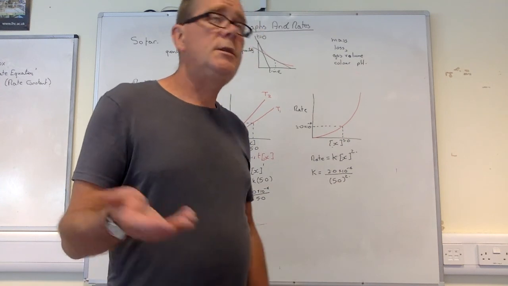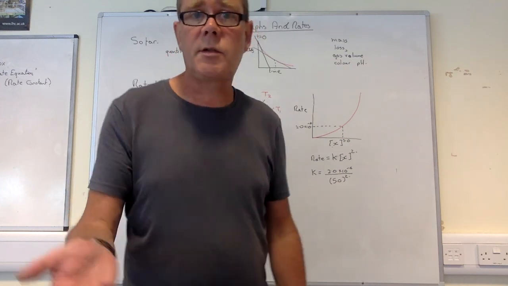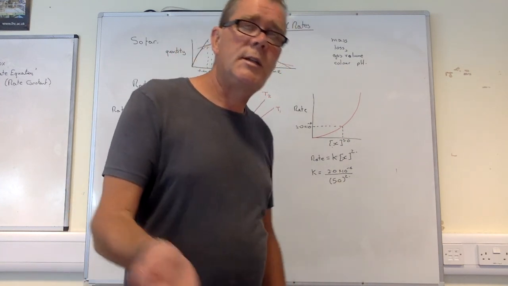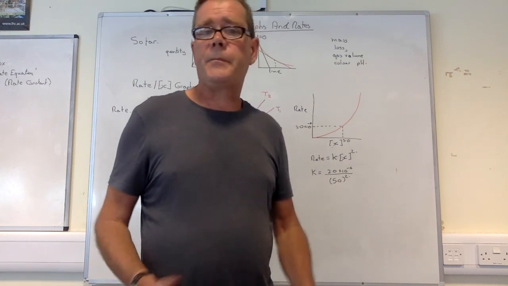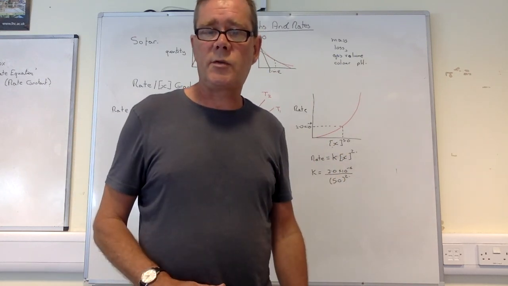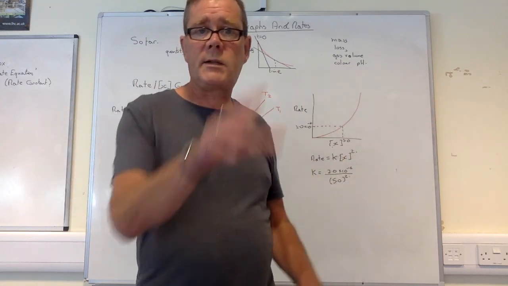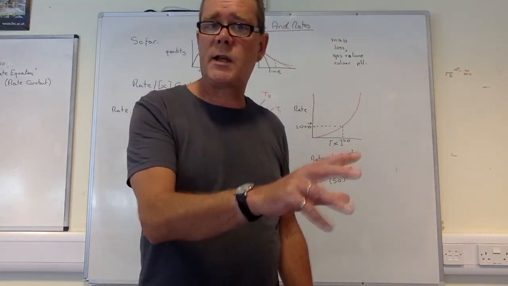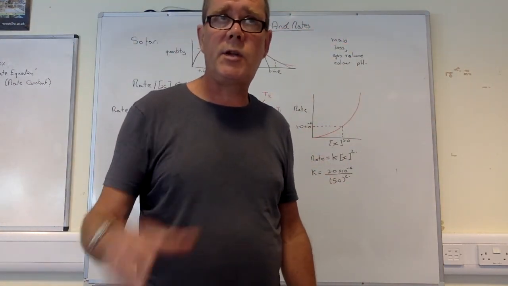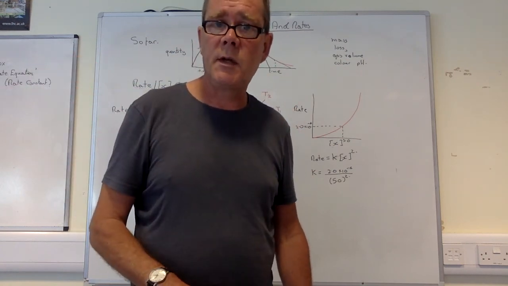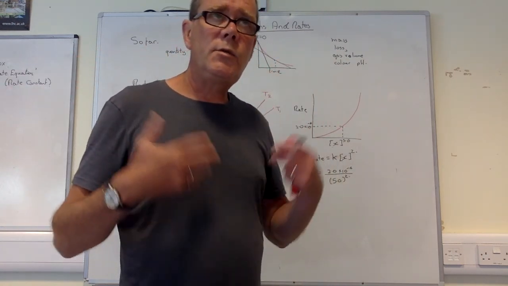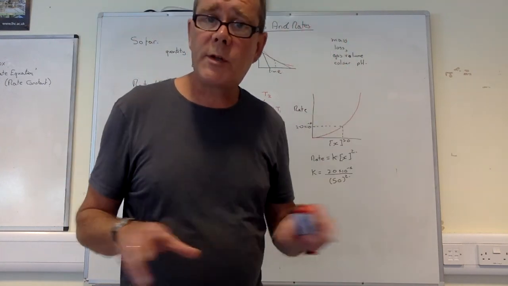They'll ask you to deduce if it's first order by looking at a constant half-life. They might even ask you to calculate K. Lots of things that you can do with those graphs, or there might be a number of reactants and it just gives you the graph for each and says, okay, deduce the rate equation based on the shapes of these graphs.